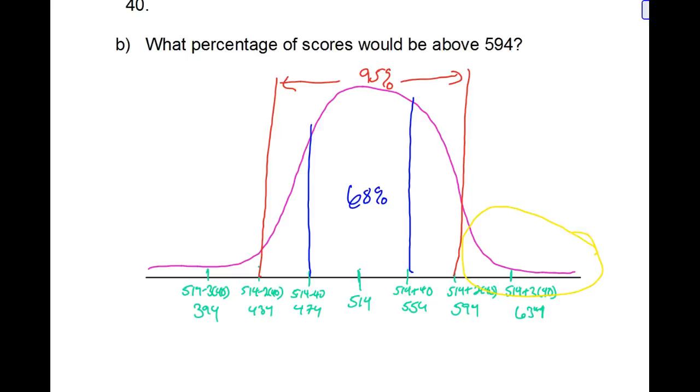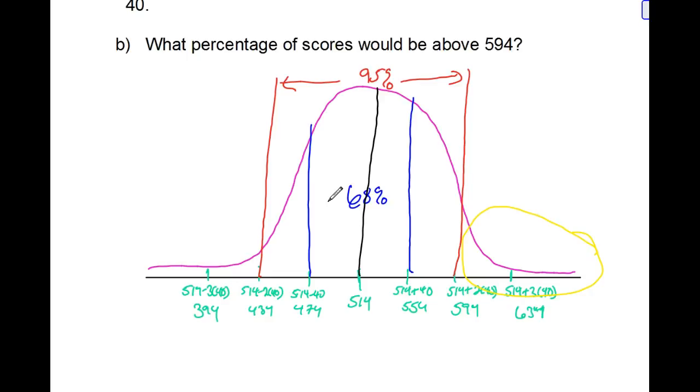Well, the nice thing about this being symmetric is that if I draw a line straight down my center, that tells me that 50% of my data is above and 50% is below. It also tells me that each one of these spaces here is equal.